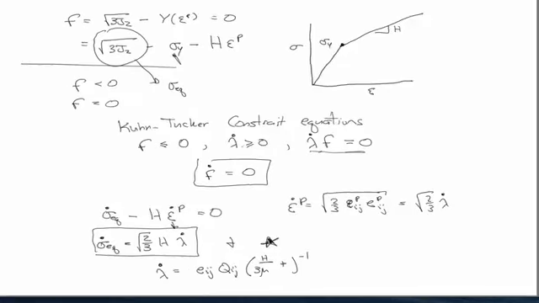And with that, according to the same definition, I can show that instead of being the equivalent stress, it is the square root of 3/2 S. And so when I differentiate it, I have the square root of 3/2 S dot.